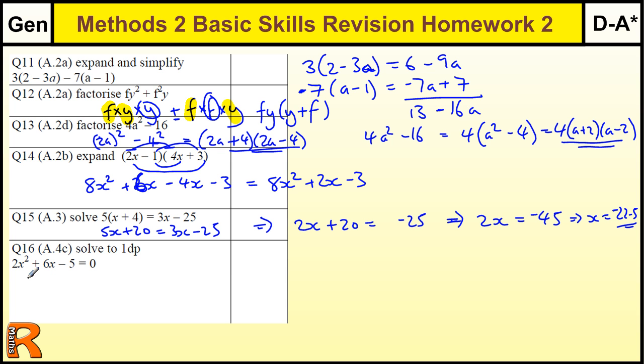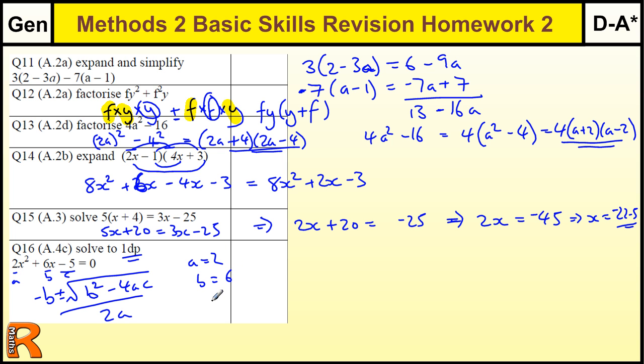Solving this question, this is a quadratic equation. When it says solve to one decimal place, that's your clue to use the quadratic formula. Minus b plus or minus the square root of b squared minus 4ac all over 2a. So this is our a, this is our b, this is our c. So a equals 2, b equals 6, c equals minus 5.